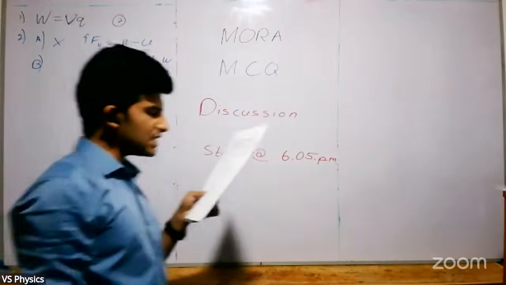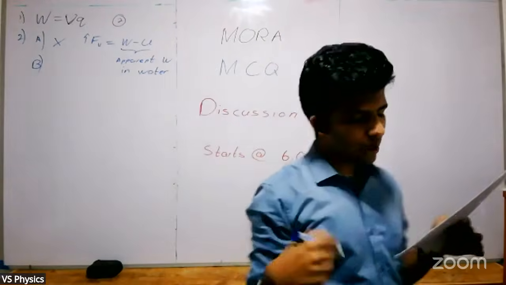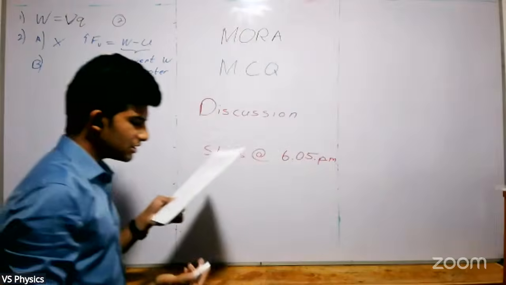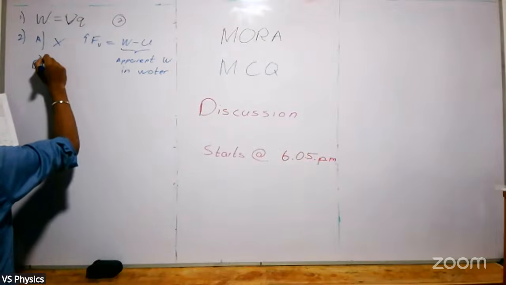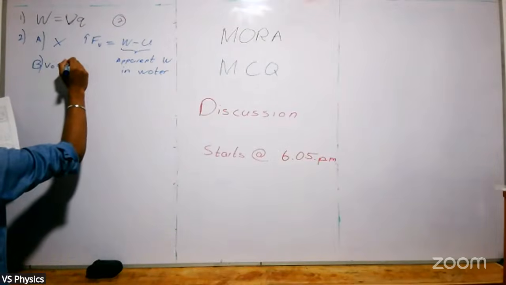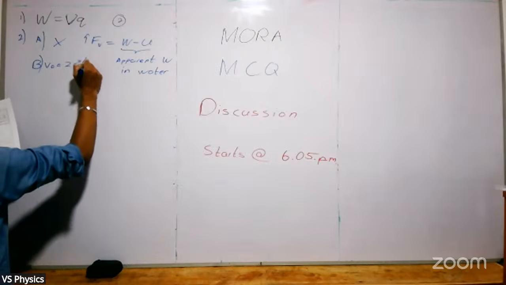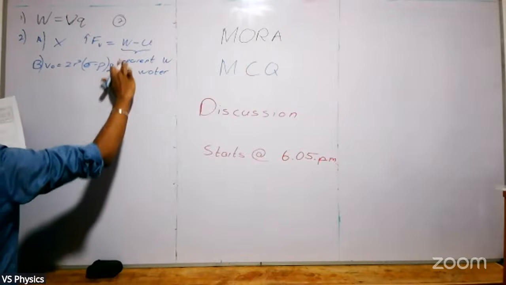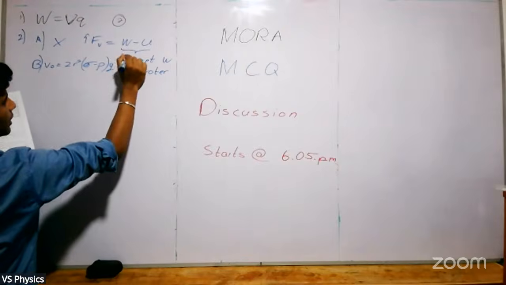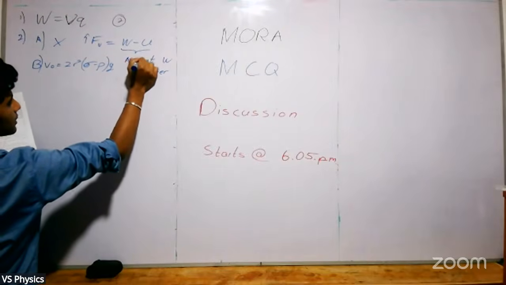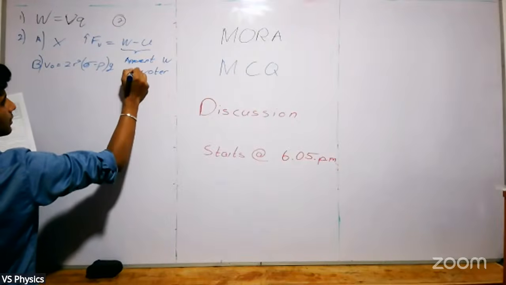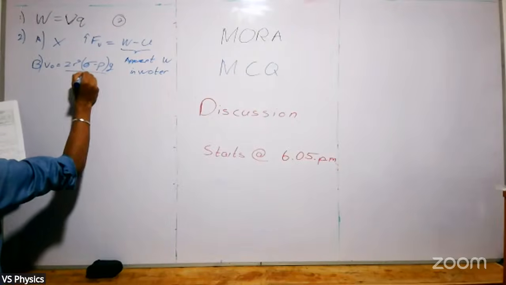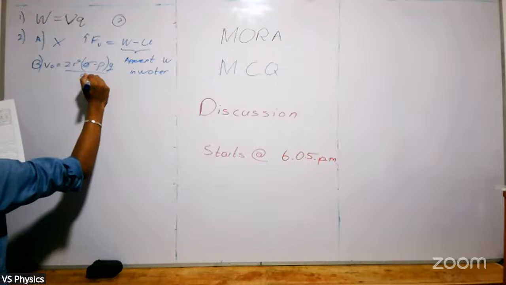Option B: terminal velocity of the sphere is directly proportional to the square root of the radius. In our equation, V naught equals 2 r squared (sigma minus rho) g, divided by 9 nu.